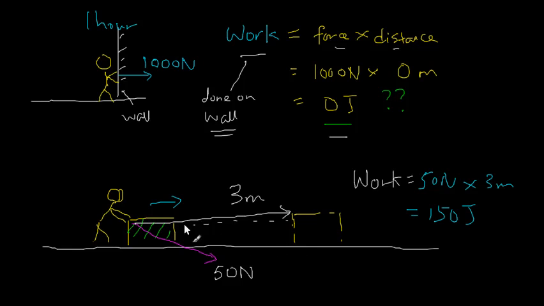Now, instead of thinking of the force, I can think about resolving this displacement into two components. One component along the force and one component perpendicular to the force. So let's see how we can do this. I'll just extend this line, and I'll extend that line.